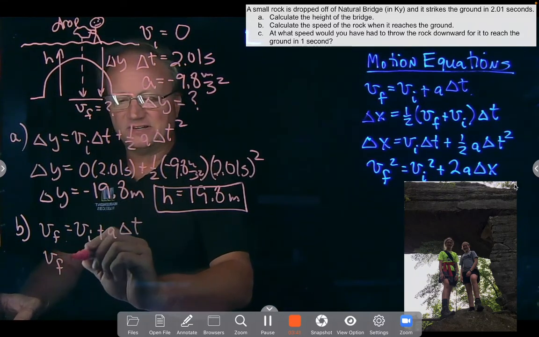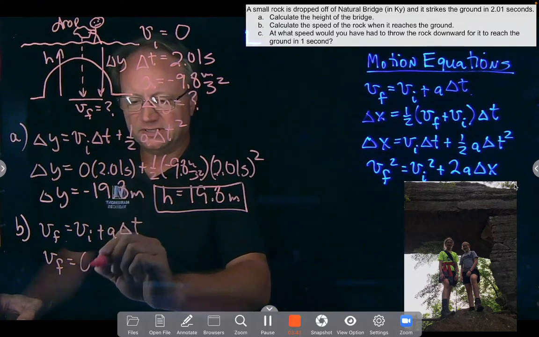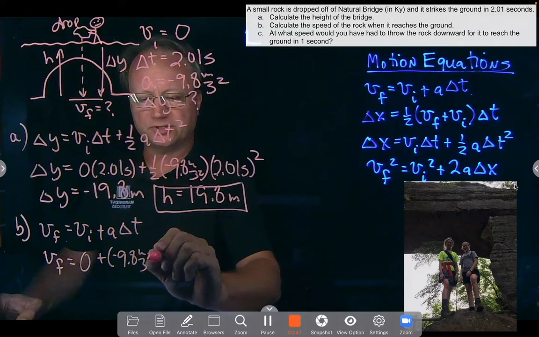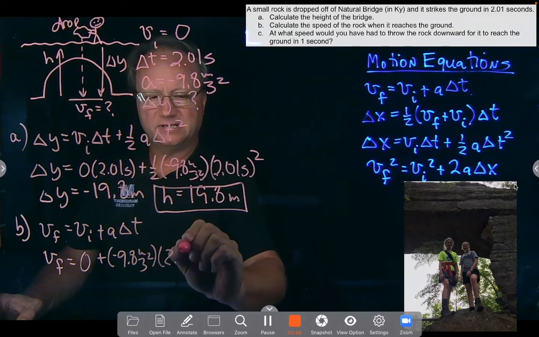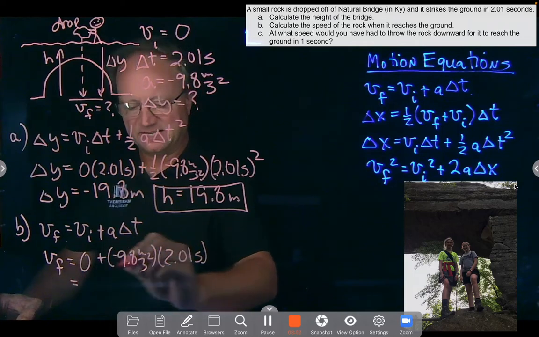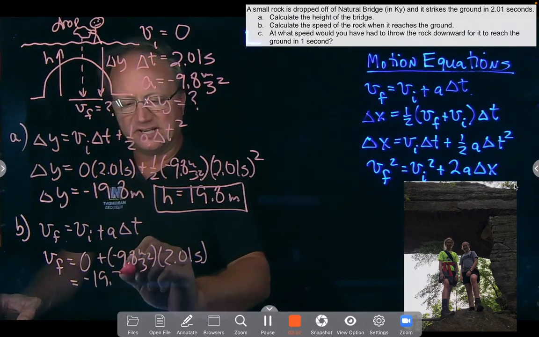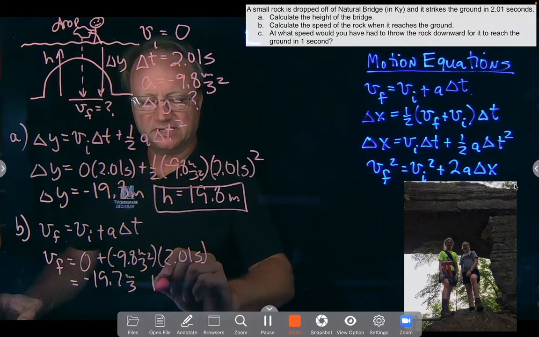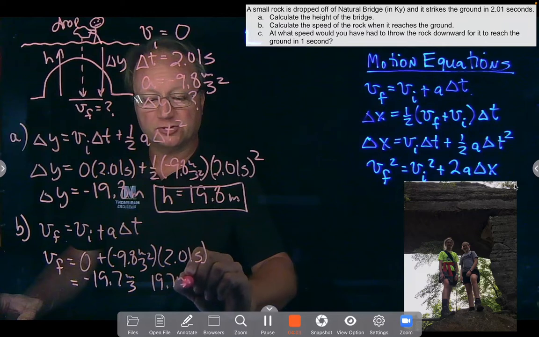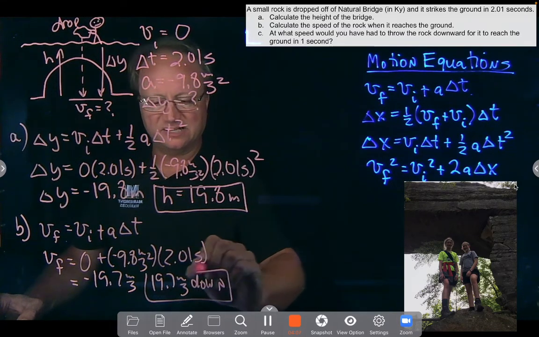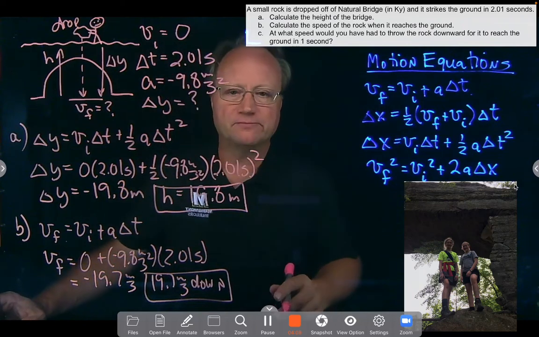So vf is equal to 0 plus a negative 9.8 meters per second squared times 2.01 seconds. That's going to give us a final velocity of negative 19.7 meters per second, which would be 19.7 meters per second downward, stating that negative as a direction.